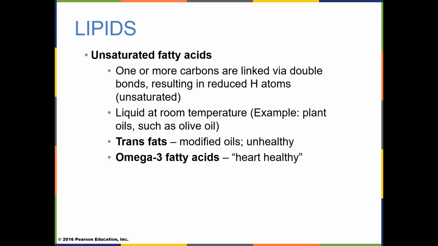Oils that have been modified, because oils can be changed, will form what are called trans fats, and these are unhealthy fats for us. So all in all, the unsaturated fatty acids are healthier for us, particularly in terms of our blood circulation and our heart, than saturated fats.